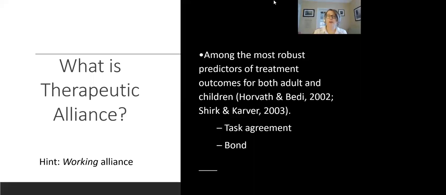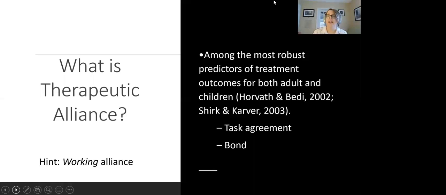And so the ingredients of therapeutic alliance that we think about, and as have been measured in the literature, are task agreement, right? That contract. What are we doing? What's the work? Could be the ERP hierarchy, for example. And bond, which is a feeling of warmth that you have for your therapist, this bond and trust.